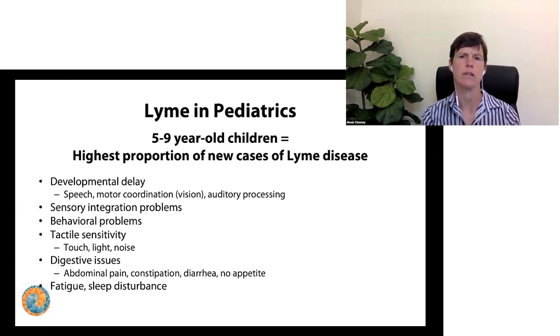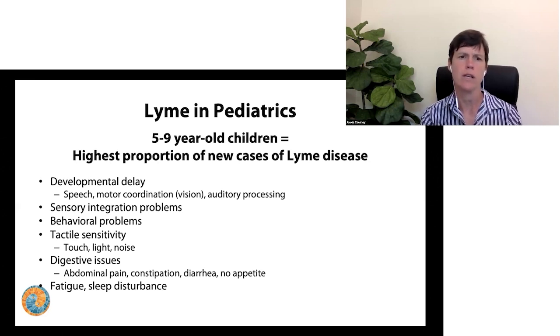Sometimes with children, Lyme can manifest in different ways, depending on how old they are, it's hard for them to communicate or know that something's wrong and what it is. So sometimes how we see it manifest is through developmental delays.